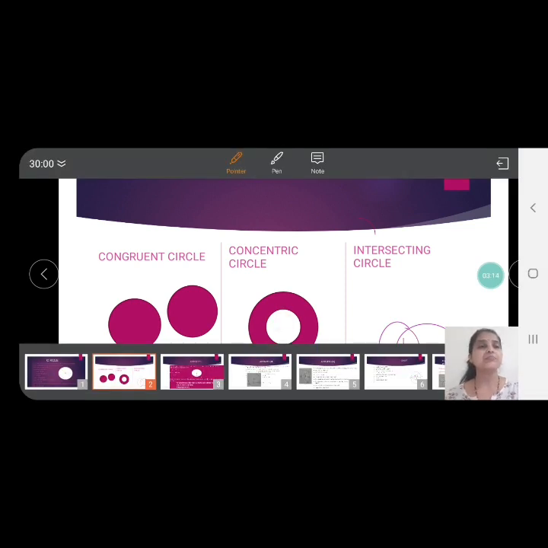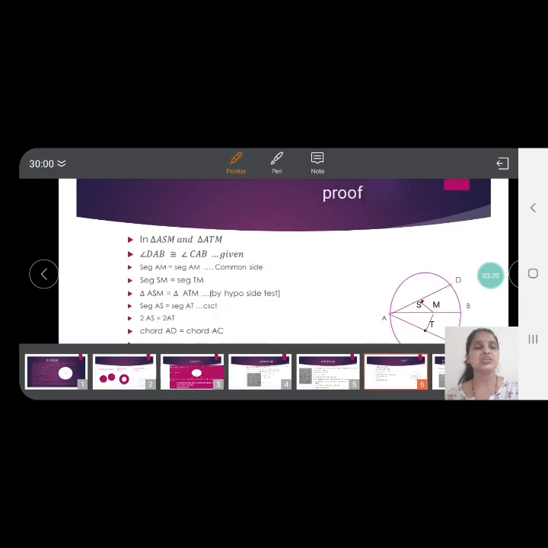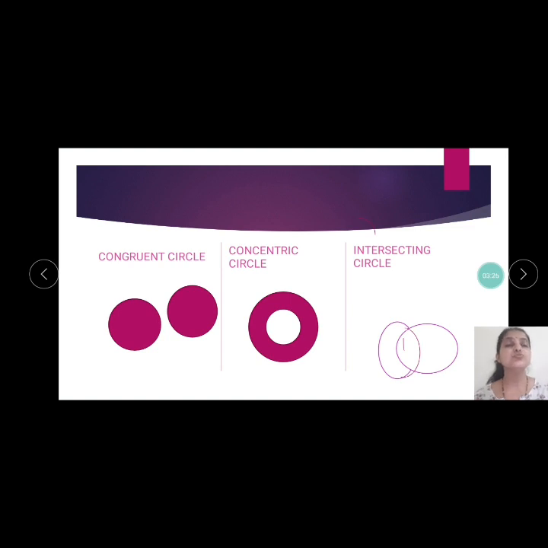After that comes the intersecting circles. Intersecting circles are the circles which meet each other at 2 points. Such circles are known as intersecting circles.